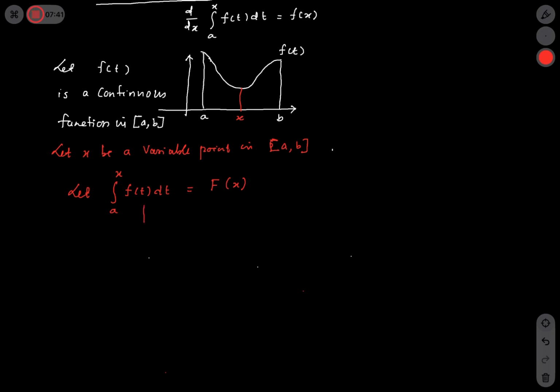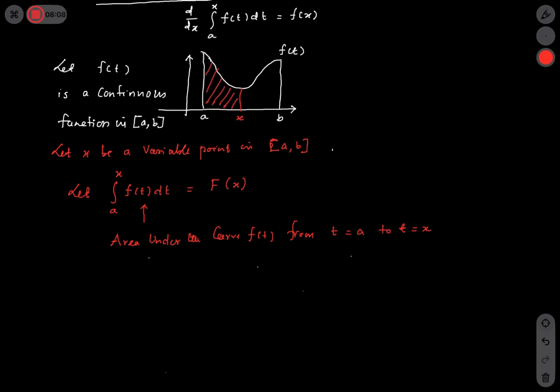So what does this indicate? This indicates the area under the curve f(t) from t equals a to t equals x. So that's what it says actually. I'm drawing it with a red pen here.